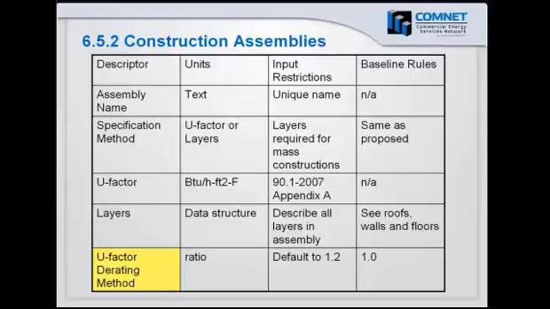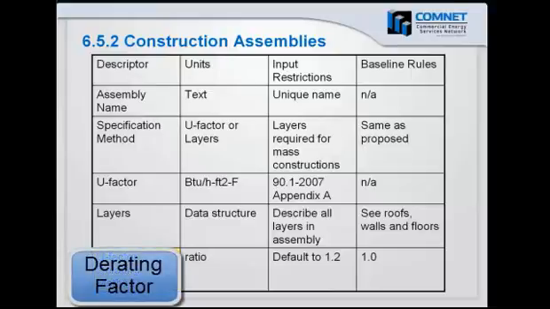And then finally, I highlighted this one because it's something somewhat new. It's not currently in some standards such as Title 24. But we added something called the U factor derating method, and I think the intent there is to account for some derating or devaluation of the insulation due to either improper or incomplete installation.